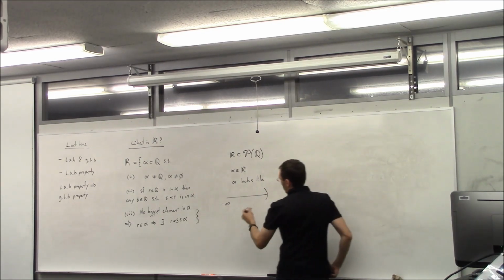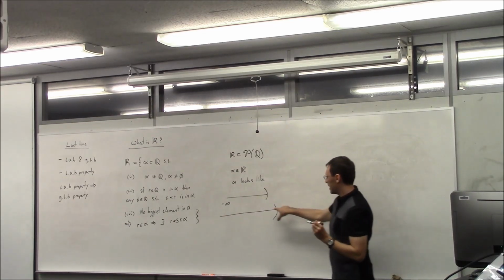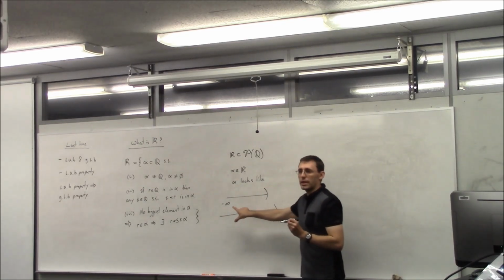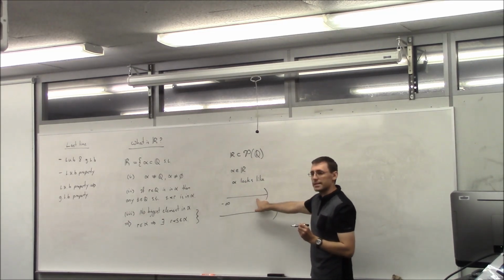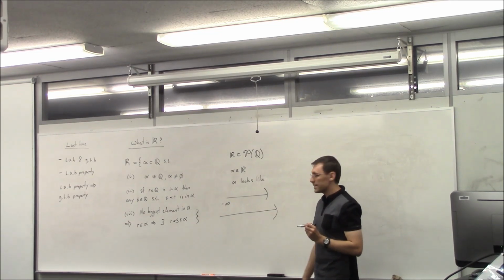Now, if I have rays, I can compare them, right? So I can have a longer ray or a shorter ray. This number is bigger than this number because, as sets, one contains the other. Make sense?